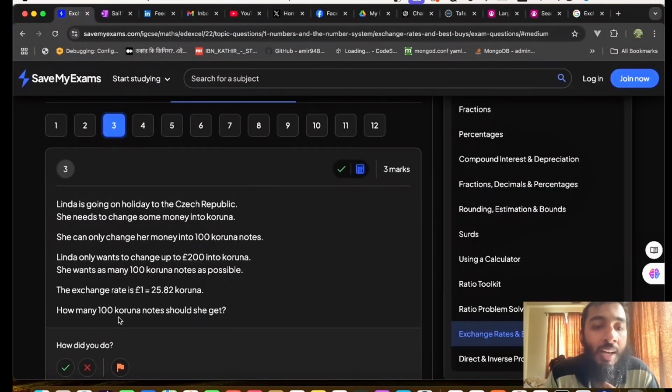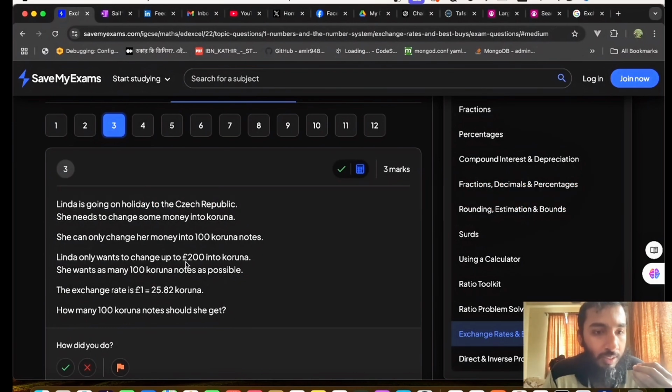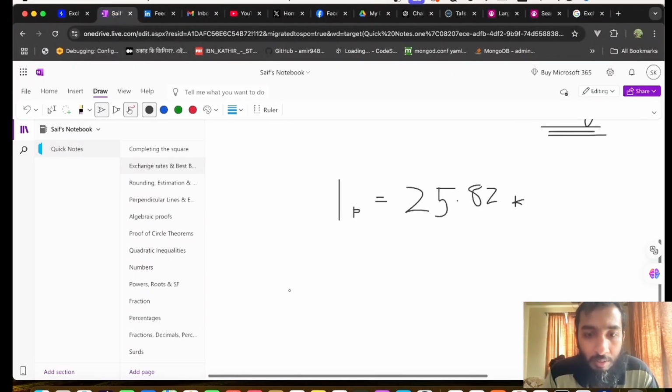How many 100 koruna notes should she get? This is the requirement of the problem. What is the max that she should target? 200 pounds. She needs to convert 200 pounds into koruna. So if 1 pound is 25.82 koruna, what is 200 pounds?